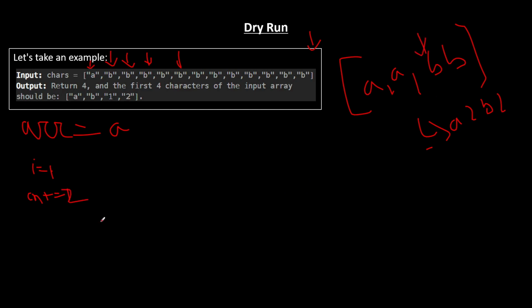Now the condition becomes false because these are not equal. So we will check if count is greater than 1, it is. So we'll place count which is 2 here and we will append B after that. Right? Now I is here. I's previous element is same as the current element, so count becomes again 2.